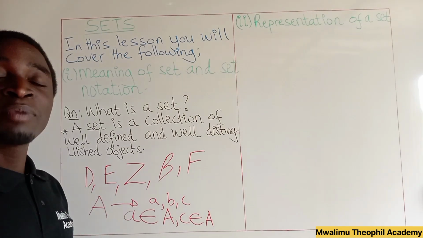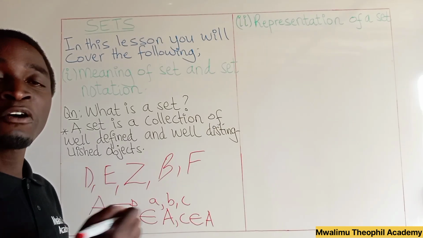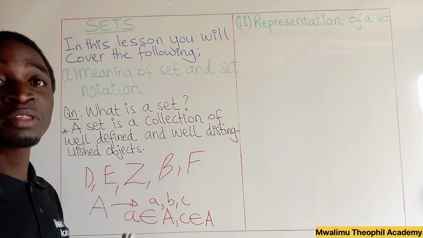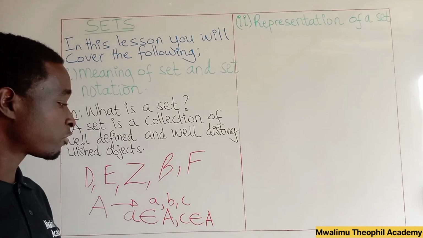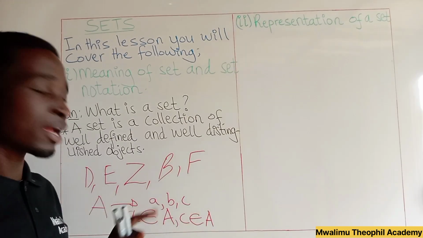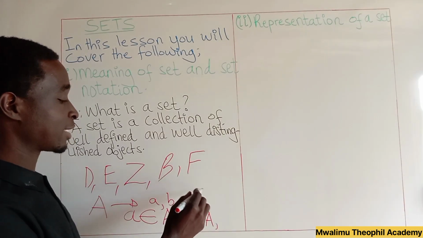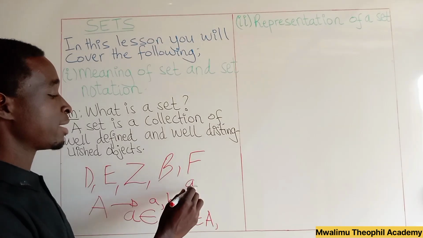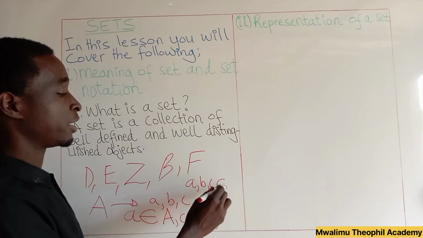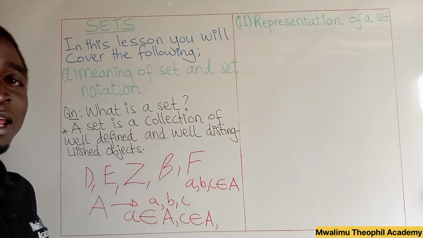Also, you can find that you want to mention more than one element from a given set, and to show that all those elements belong to the particular set. How can you do it? For example, let us use elements a and b, or all together a, b, and c. We write it this way. We write that elements a, b, and c belong to set A. This is the way we write.